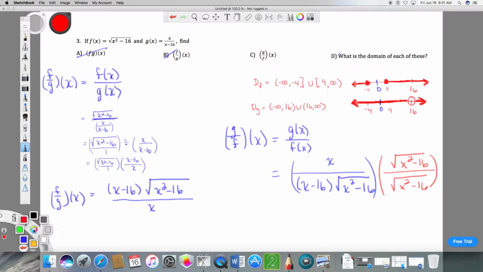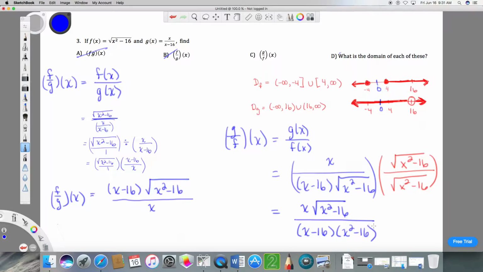So what that means is that our final answer in part C, the formula for this new function, is x times the square root of x squared minus 16, all over x minus 16 times x squared minus 16.